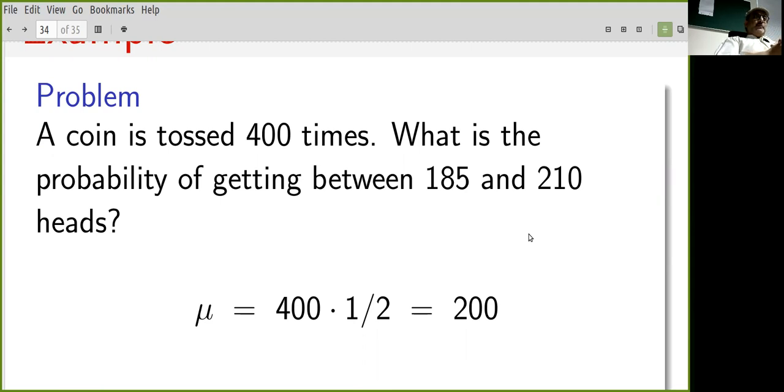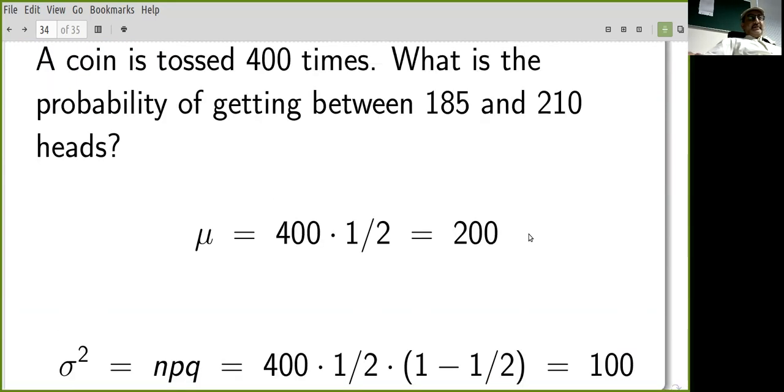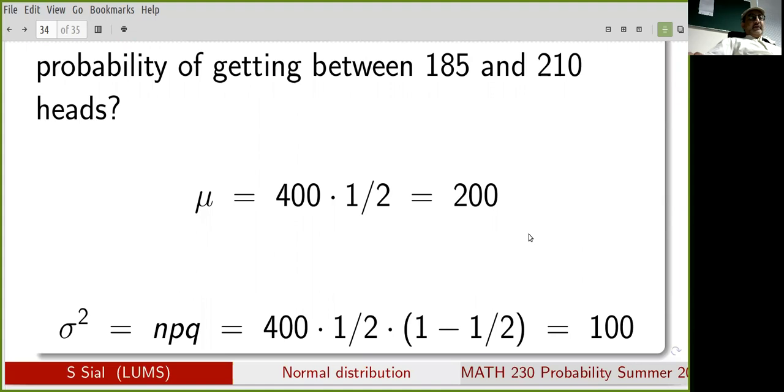Okay. Now, the right random variable to use here is the binomial. But we're dealing with 400 tosses, so because the number of trials is large, we can actually use an approximation.